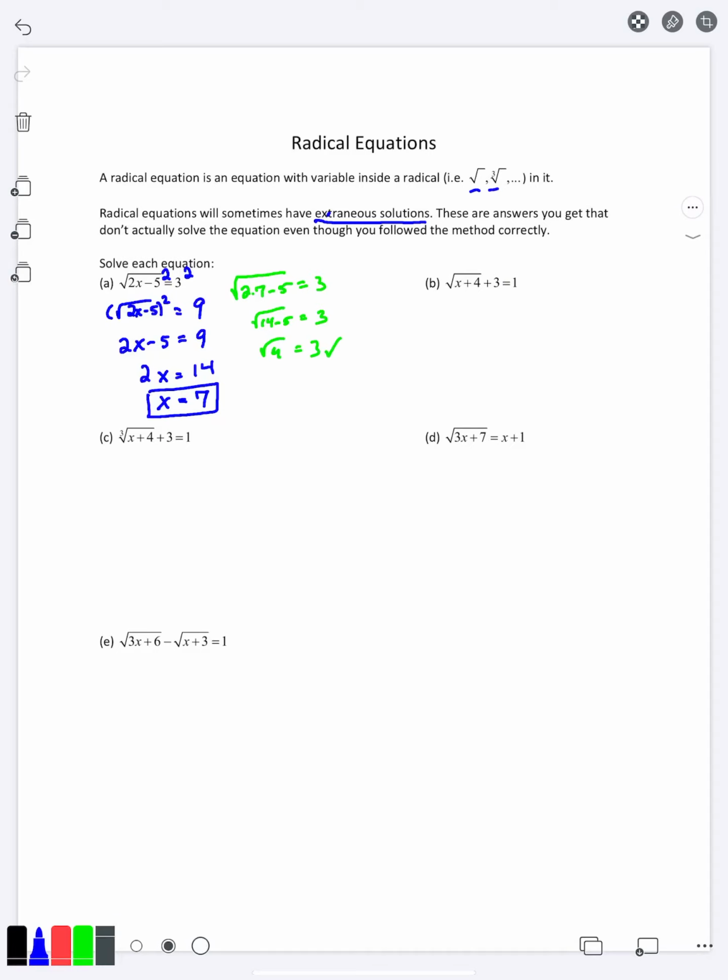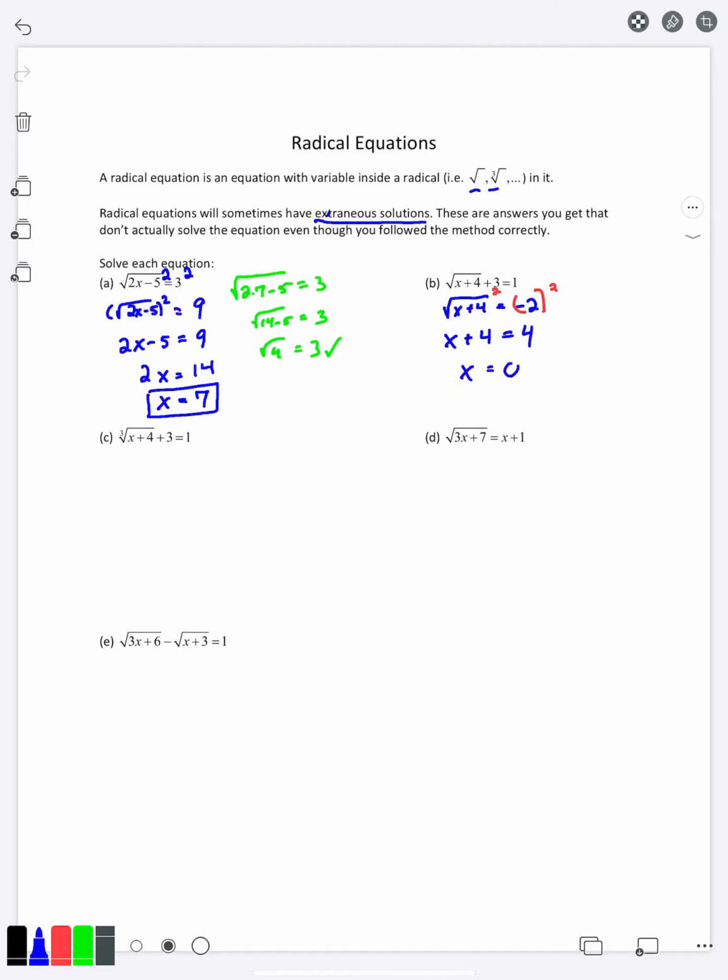Instead, you want to try to get the square root all by itself. I can do that by subtracting 3, and 1 minus 3 is negative 2. Then, once the square root is by itself and I square both sides, the square root does go away right away. Negative 2 squared is 4.